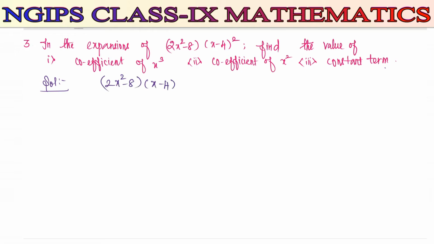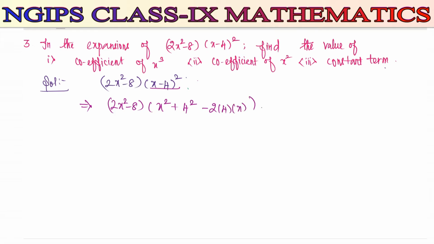First I am going to apply the formula for x minus 4 whole square, and let 2x square minus 8 be this term. Here you will get x square plus 4 square, and minus 2 into 4 into x.